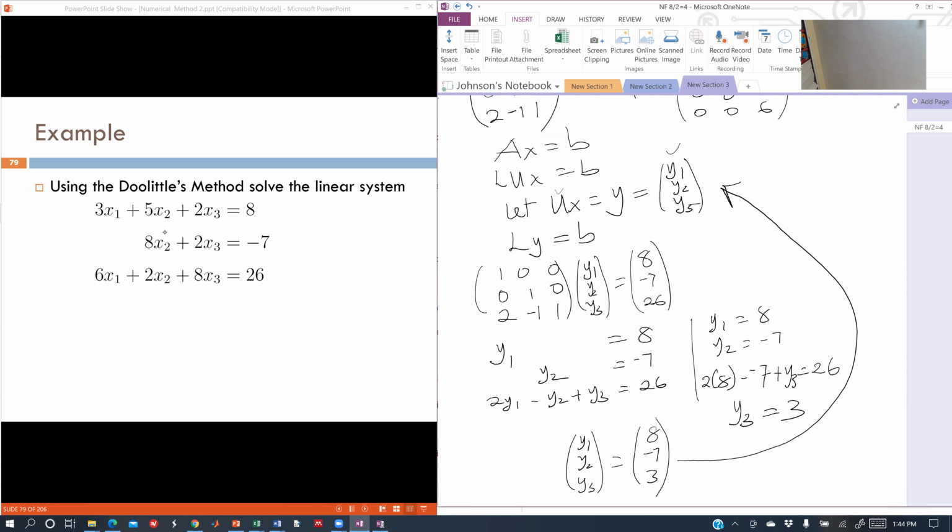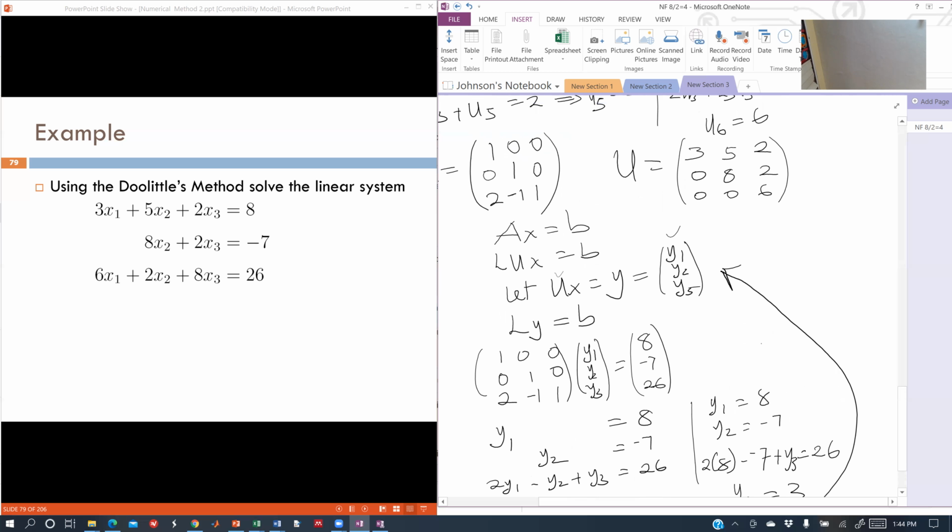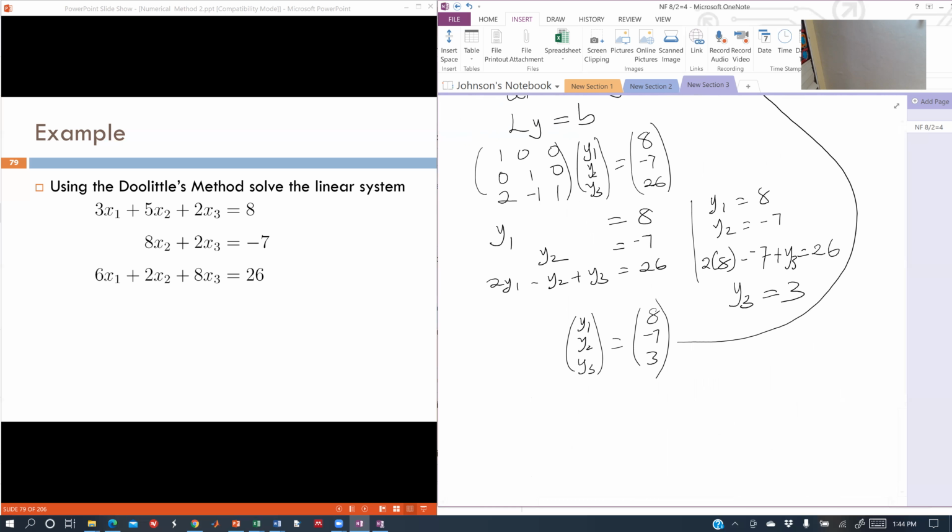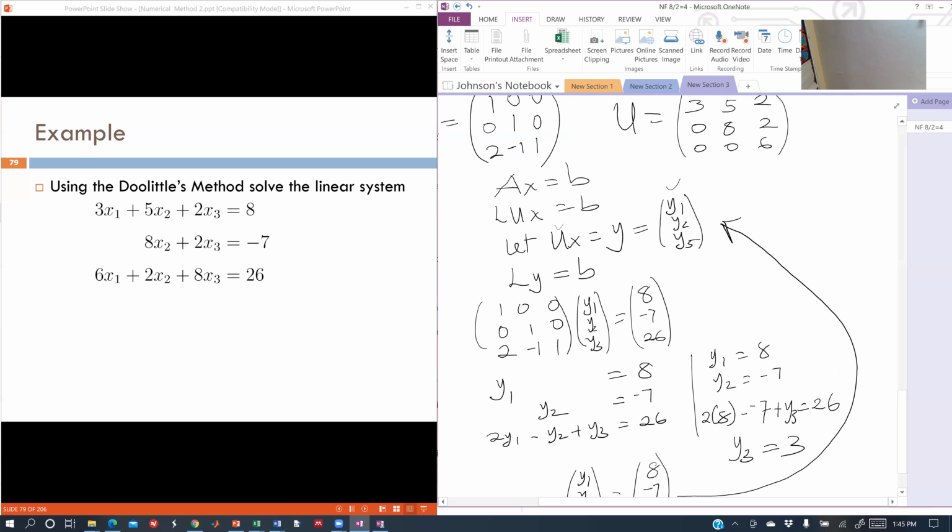So let's go for the matrix. So now we are solving UX is equal to Y. And what is my U?